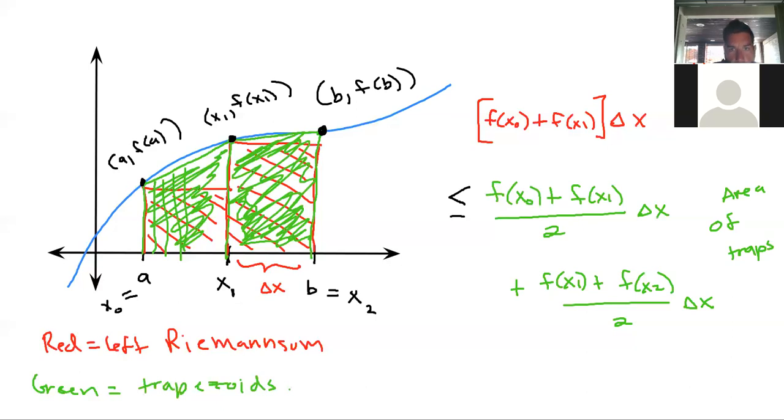And what we clearly can see in this particular drawing is that that area is less than the area under the curve. And so we know that the area under the curve is exactly equal to this particular integral.